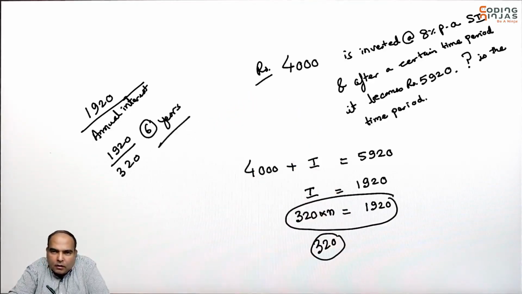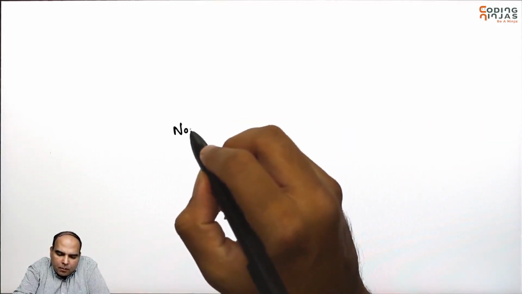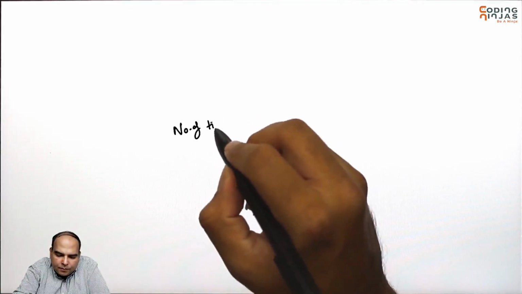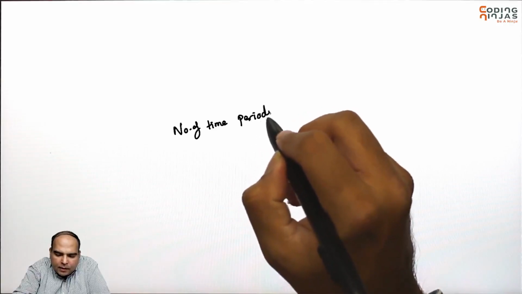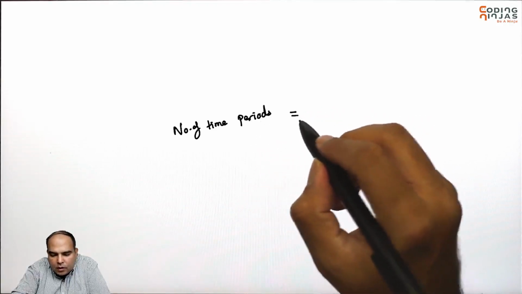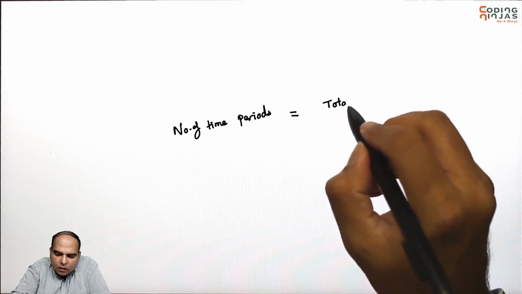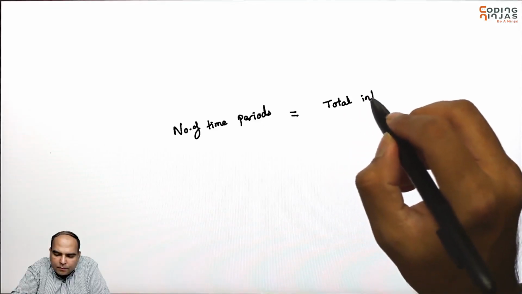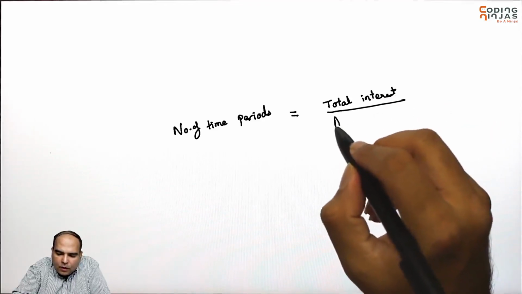And this maybe you can store in your mind always as a formula, that if you want to calculate the number of time periods in a simple interest situation, the number of time periods is nothing but the total interest divided by the annual interest.